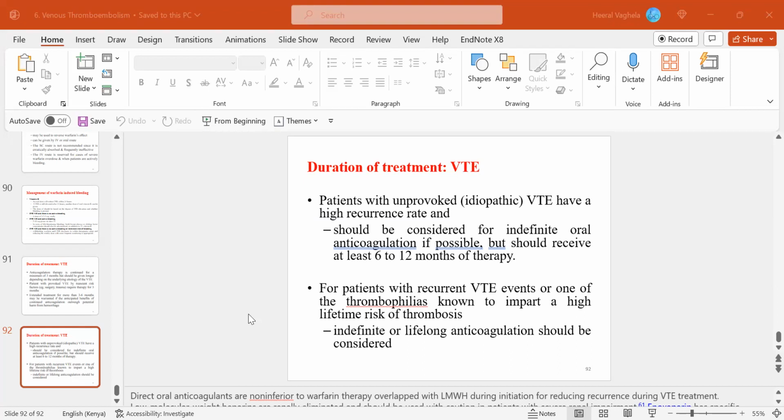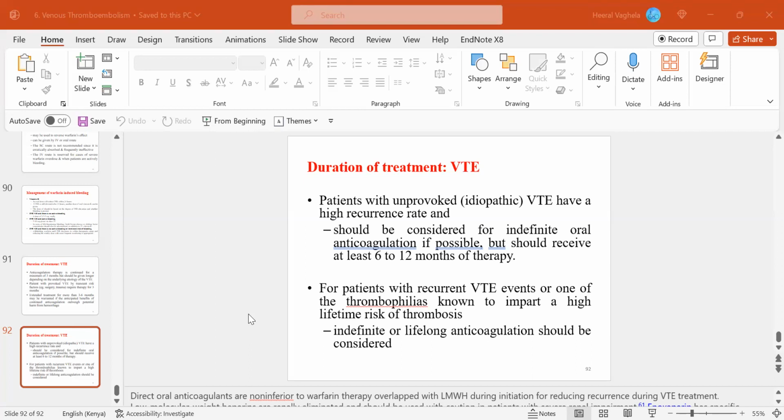Also, the reason why we avoid giving warfarin as the initial first therapy is since it blocks vitamin K reductase, it will inhibit the coagulating factors, and protein C will be inhibited.